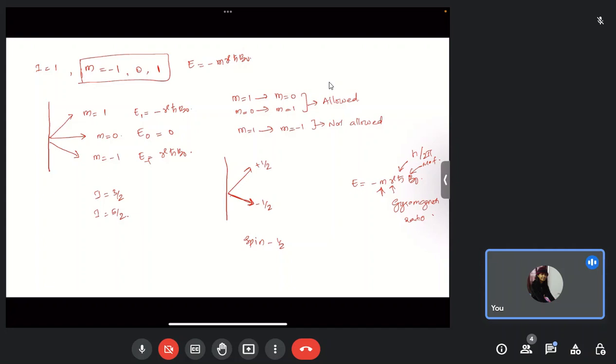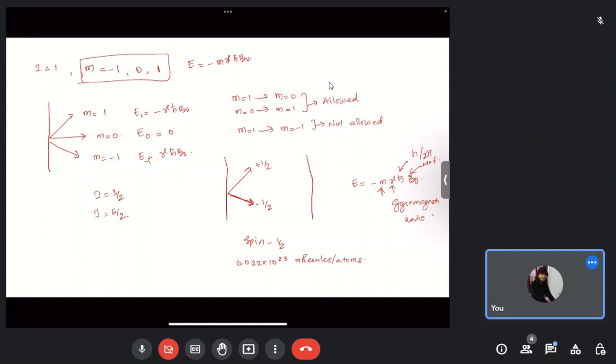So what happens when you have an ensemble of spins, a set of spins? Consider you have a 1 molar sample. In that case, you have around 6.022 times 10 to the power 23 molecules or atoms, depending upon what your sample is. So what happens to those 10 raised to 23 molecules?